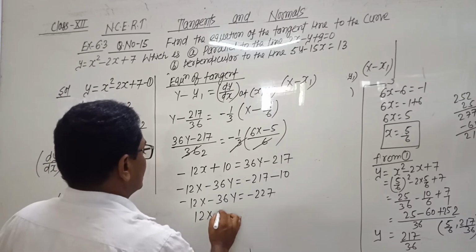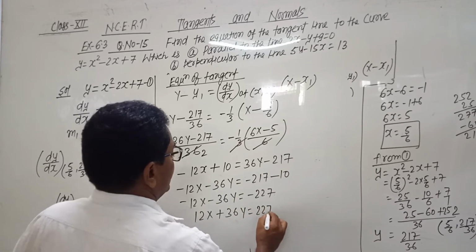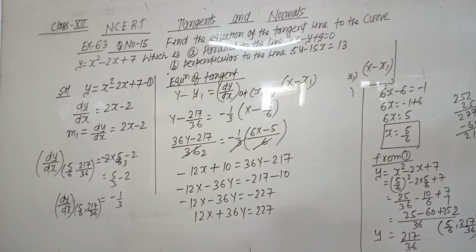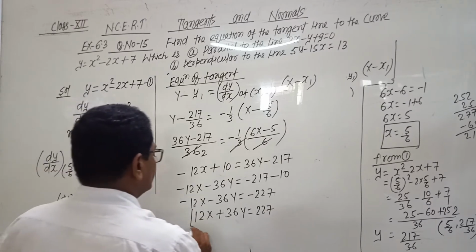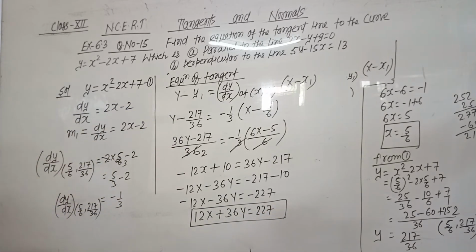So 12x plus 36y equals 227. So this is the equation of the tangent for part second, 12x plus 36y equals 227. Equation of tangent for part B.